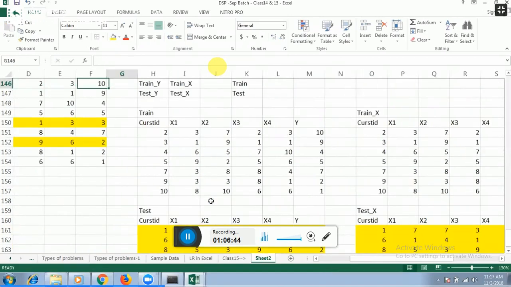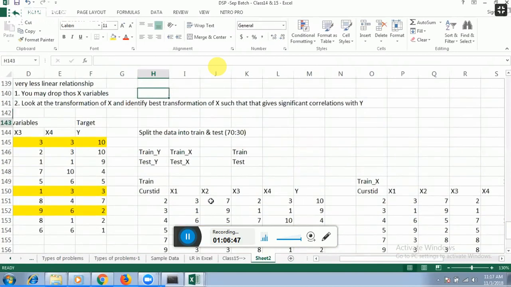Sometimes some functions need arguments as X and Y separately, and some functions accept a single data frame. For example, statsmodels will take both train X and Y separately as well as Y and X in a single data frame. Whereas scikit-learn always requires Y separately and X separately.